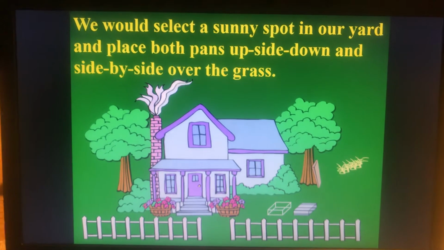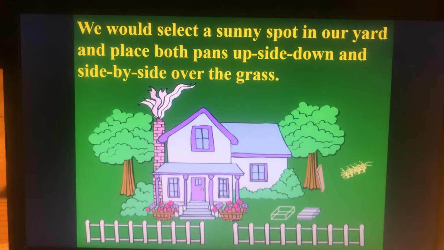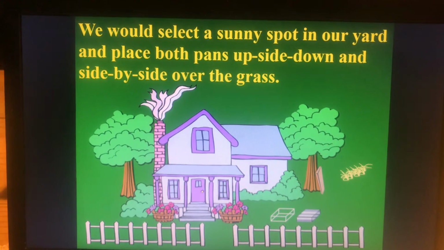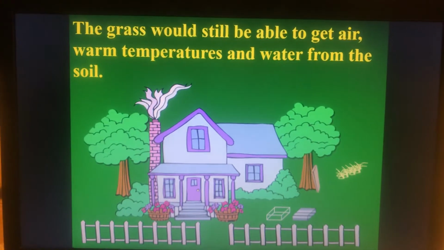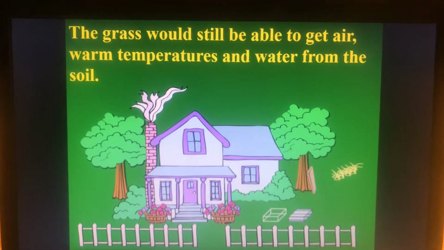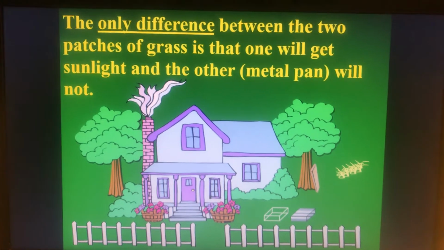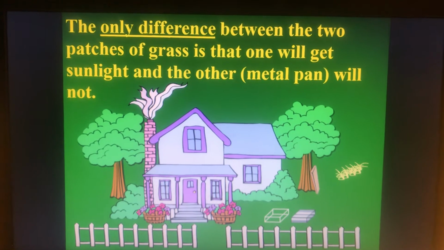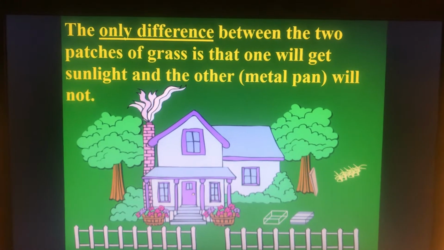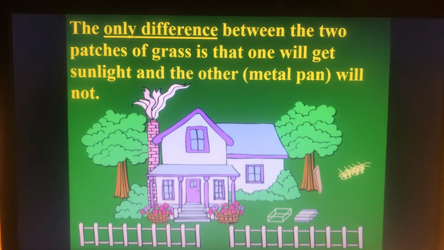Now we're going to select a sunny spot in our yard and place both pans upside down and side by side over the grass. The grass would still be able to get air, warm temperature, and water from the soil. The only difference between the two patches of grass is that one will get sunlight and the other, the one with the metal pan over it, will not. So that's the only difference.